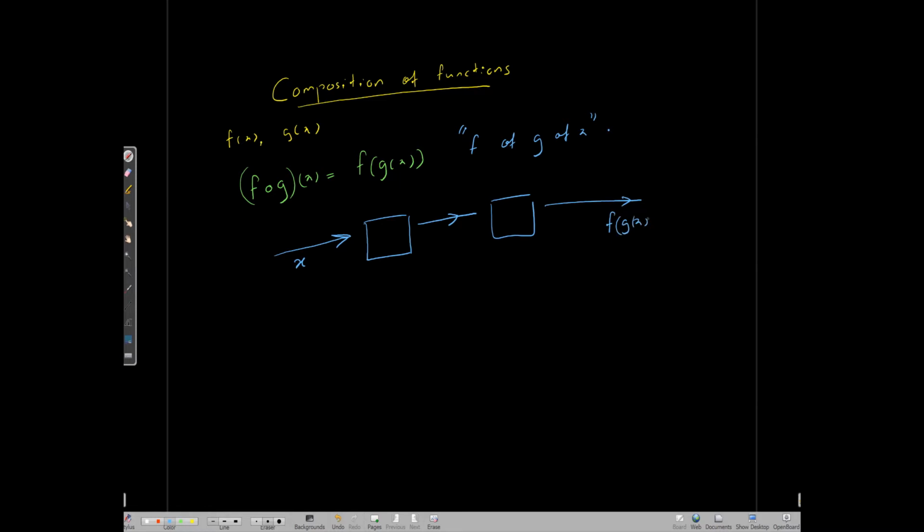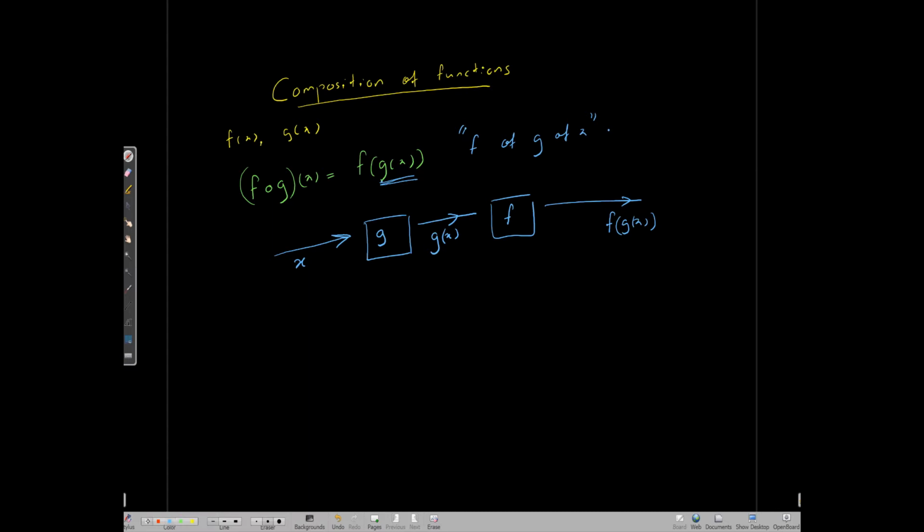At this point, pause the video and think about which order they appear. Actually the first one is g, because when you throw x into the machine g, what comes out is g of x, and it goes into the machine f, and what comes out is f of g of x.